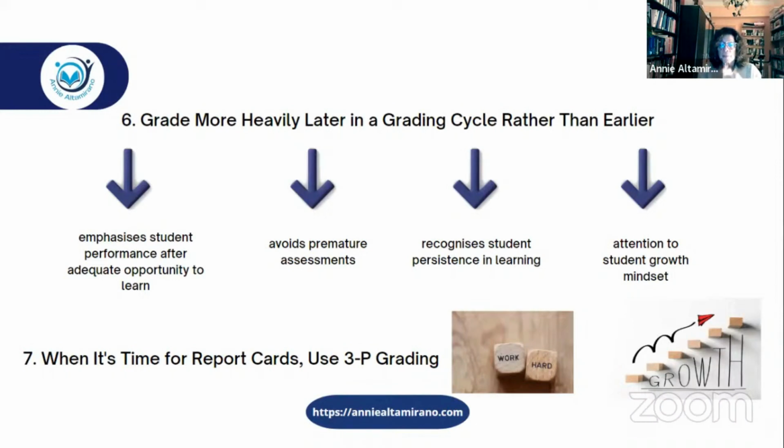That is, report separate grades for a student's performance or product, the student's process or habits of mind and work that characterizes success, and we hope to help students develop, and the student's progress in specified objectives. These 3 Ps should not be averaged into one grade. Rather, they should be reported separately and with clear indicators of what each element represents.